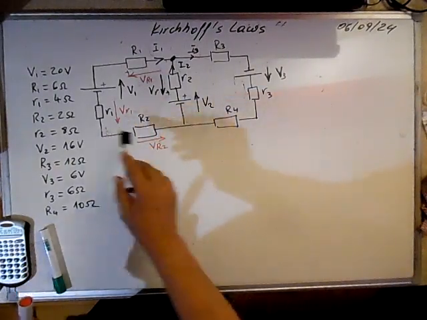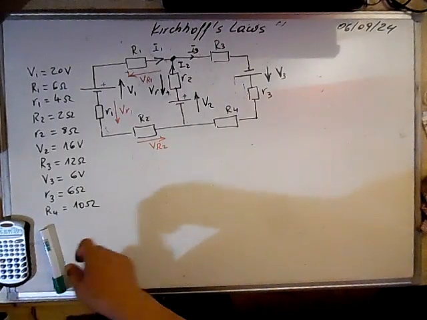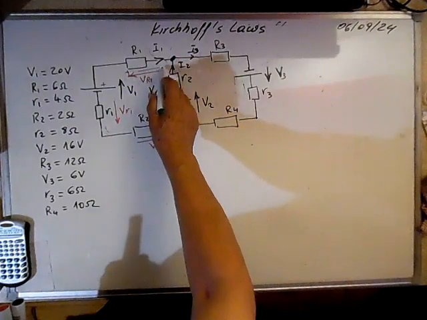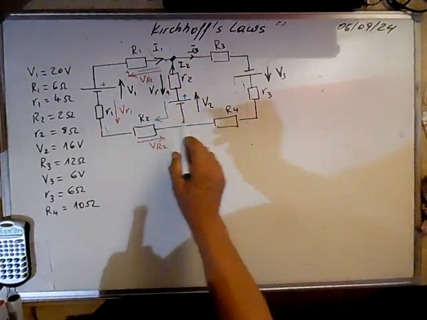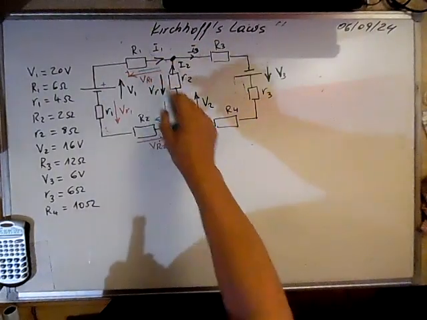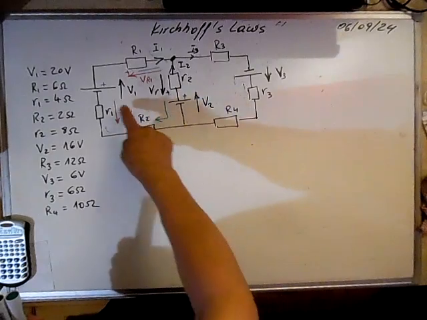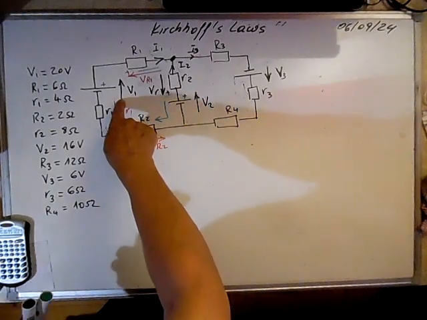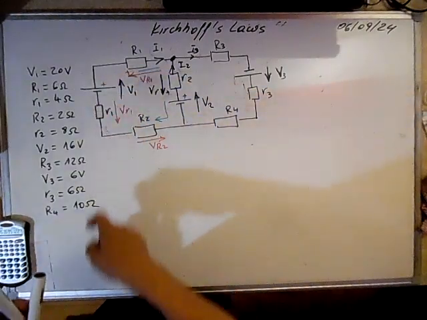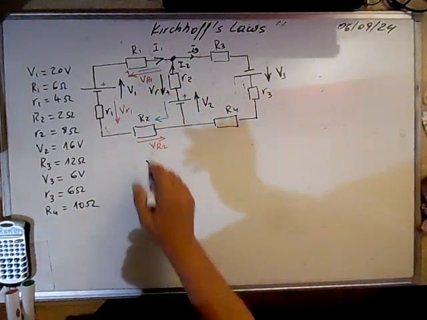We have two meshes. In this mesh, we choose a direction for writing the equations. If you are in clockwise direction, we write plus. So if we enter a minus and we get out of plus, it's plus V1, it's black.